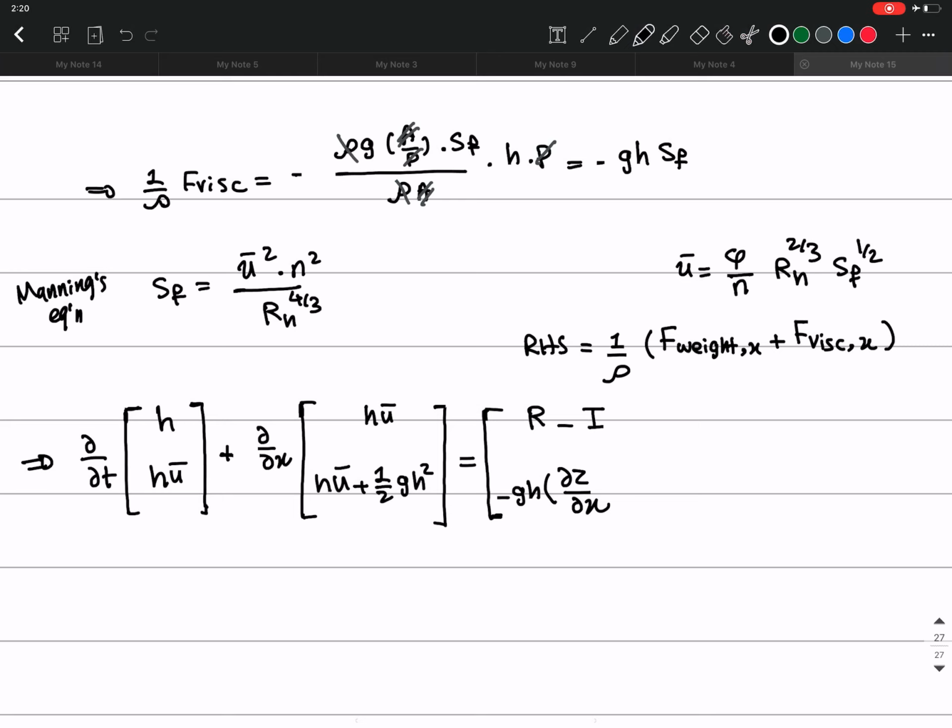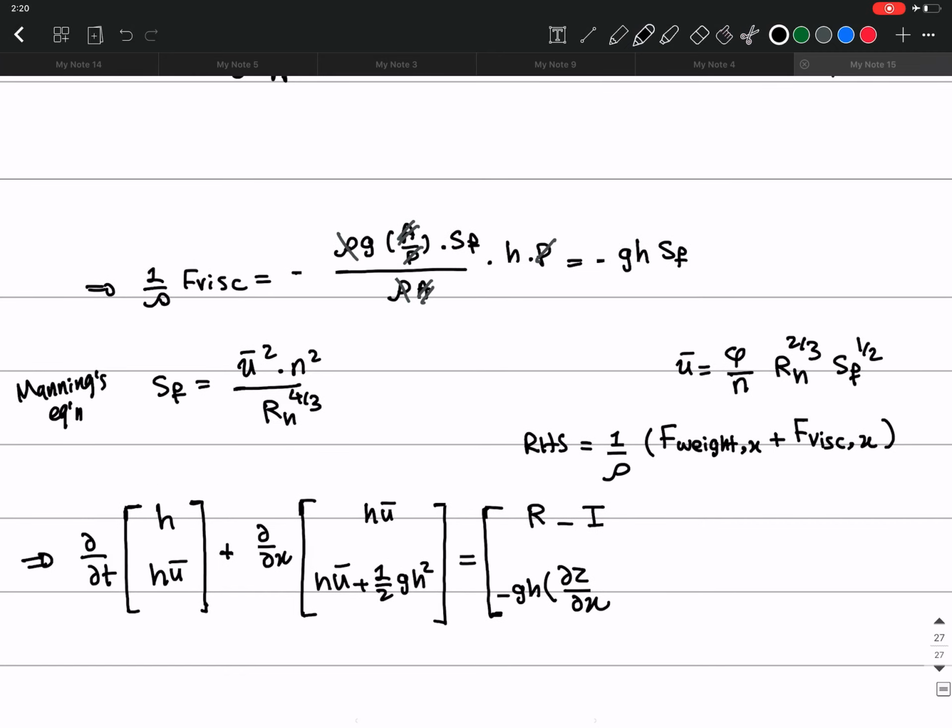And what is F viscous? F viscous is going to be minus gH SF. And what is SF? SF is here, so I can just write it down: U bar squared N squared over RH to the 4/3. And now the equations are closed.